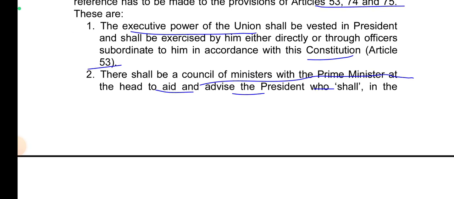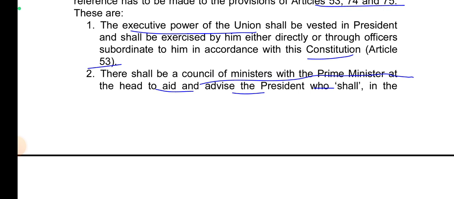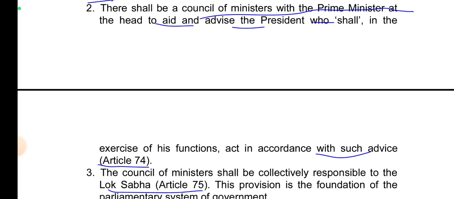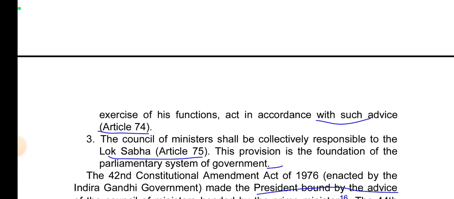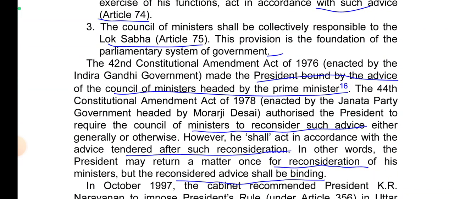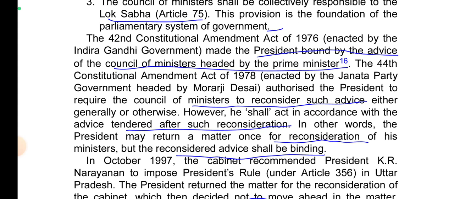These are: Article 53: the executive power of the Union shall be vested in the President and shall be exercised by him either directly or through officers subordinate to him in accordance with this Constitution. Article 74: there shall be a Council of Ministers with the Prime Minister at the head to aid and advise the President, who shall in the exercise of his functions act in accordance with such advice. Article 75: the Council of Ministers shall be collectively responsible to the Lok Sabha.